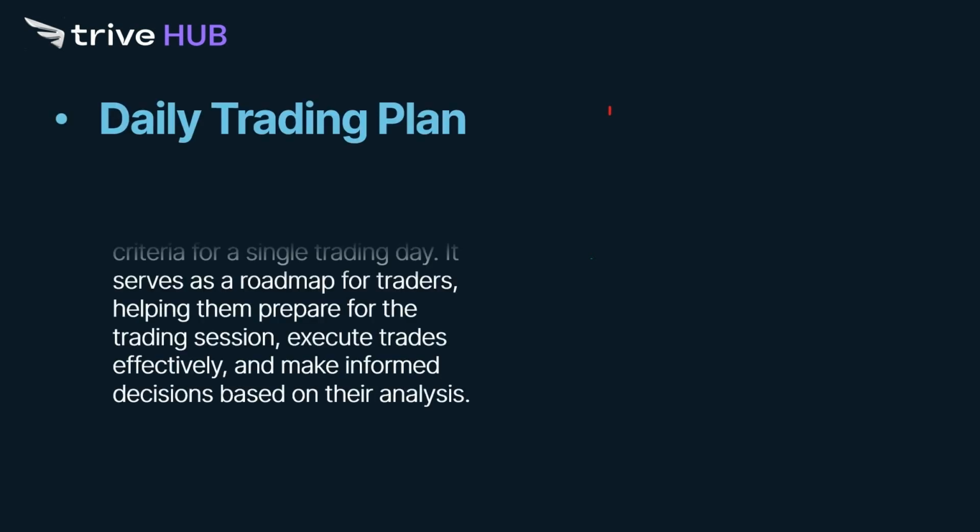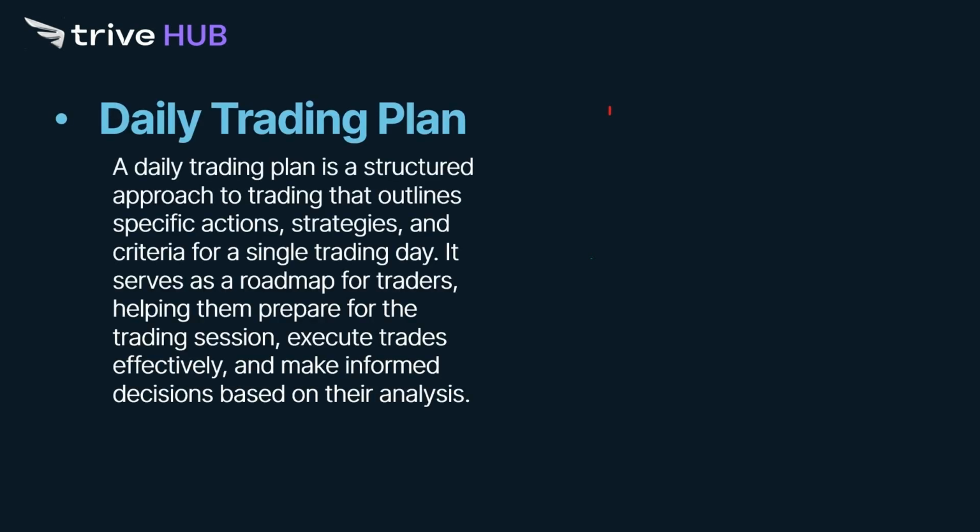Daily trading plan. A trading plan is a structured approach to trading that outlines specific actions, strategies, and criteria for a single trading day. It serves as a roadmap for traders, helping them to prepare for the next trading session, execute trades effectively, and make informed decisions based on their analysis.